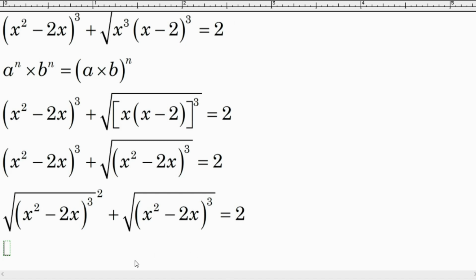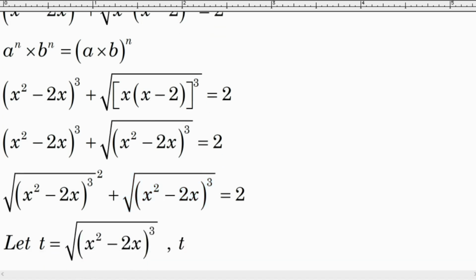Now you can see that we have the same factor here, which is (x² − 2x) raised to the power 3, and now I can let a variable, t, equal to this factor.